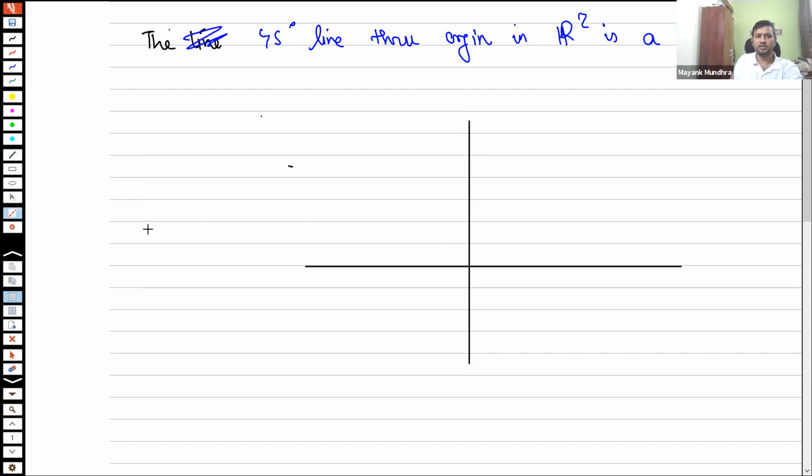So this is my R square vector space, and this is my 45-degree line through origin. My vector space V is R square.